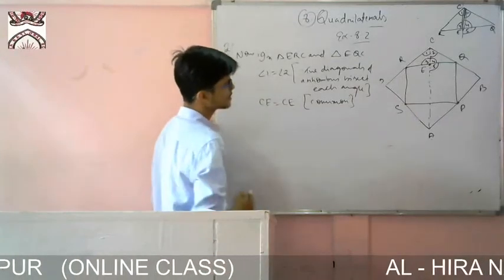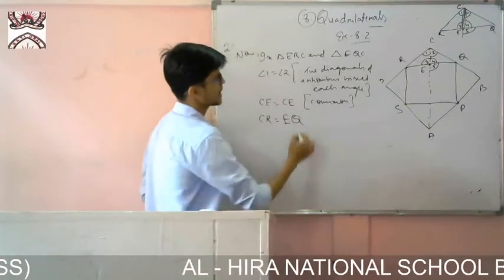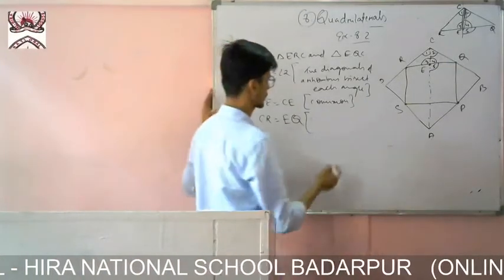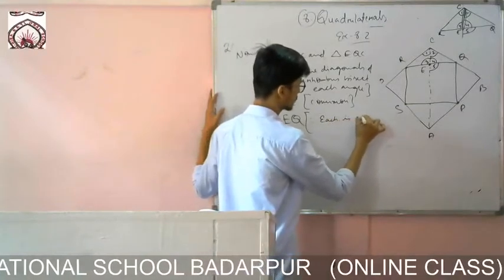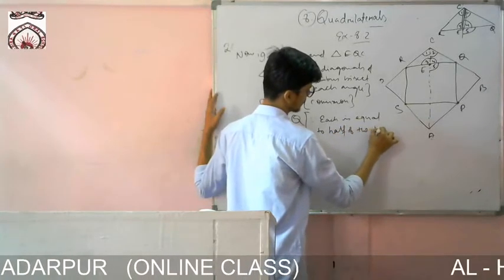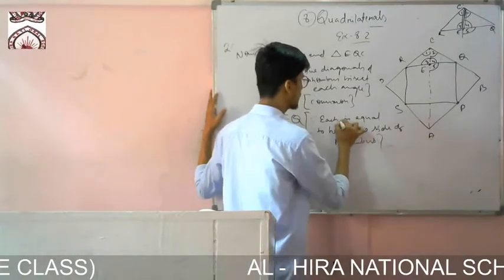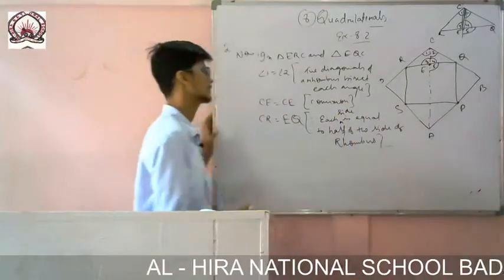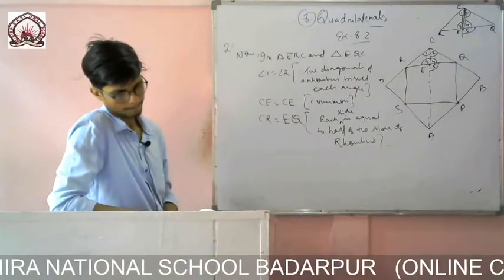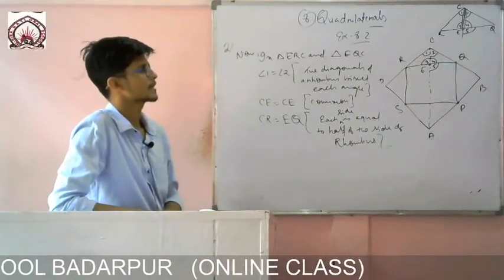So CR is equal to EQ, and the reason you write: since each is equal to half of the side of the rhombus.